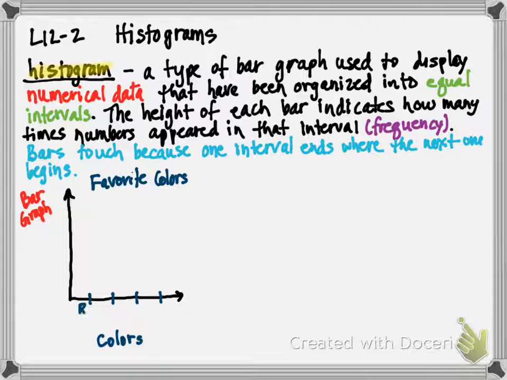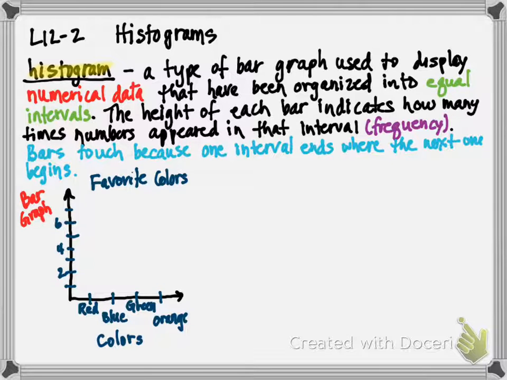We could look at red. How many people like red? How many people liked blue? How many people liked green? And how many people liked orange? Then we could have options here: 1, 2, 3, 4, 5, 6, 7, and we'll label every other one.